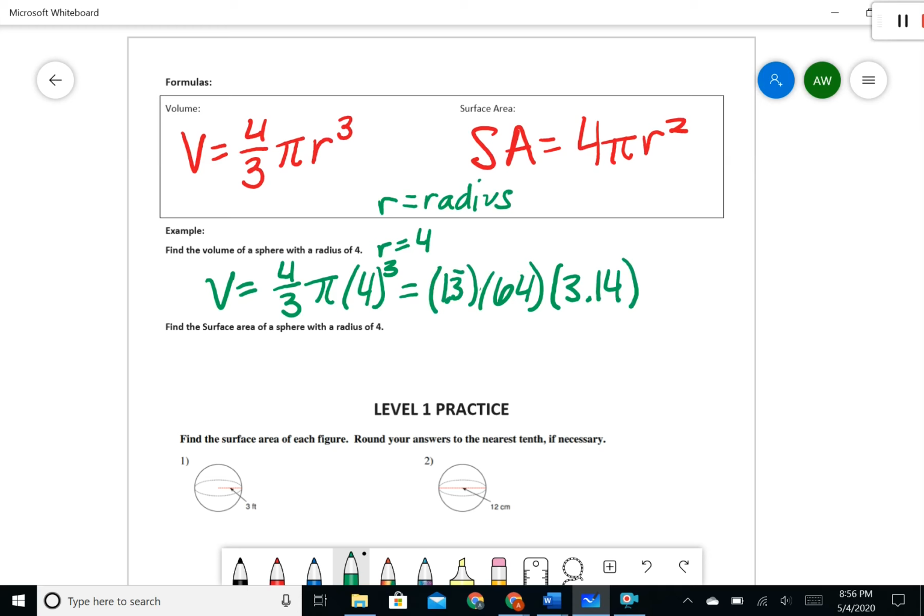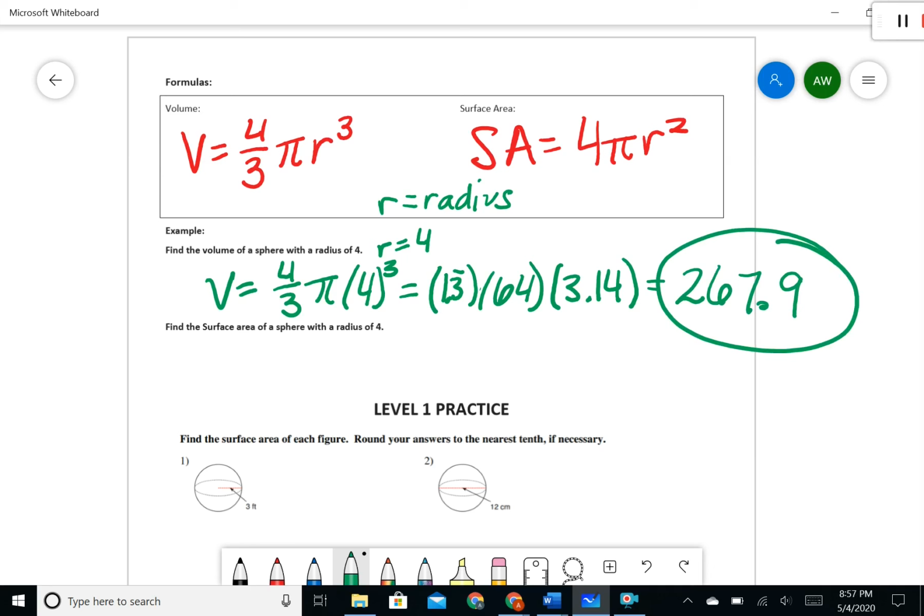So then we're just going to multiply these 3 numbers together: 1.33333, just throw a bunch of 3's in there, times 64 times 3.14 for pi. And we get 267.9. And this is the volume for our sphere.